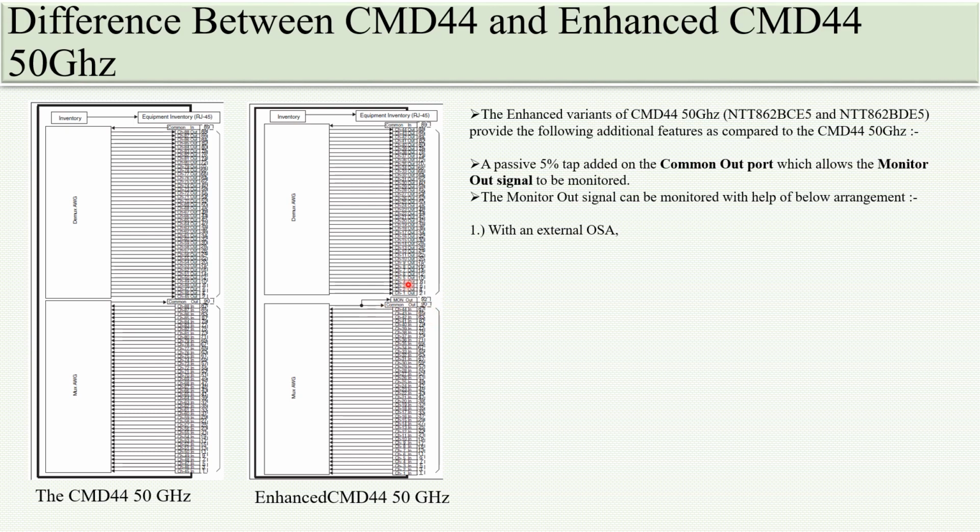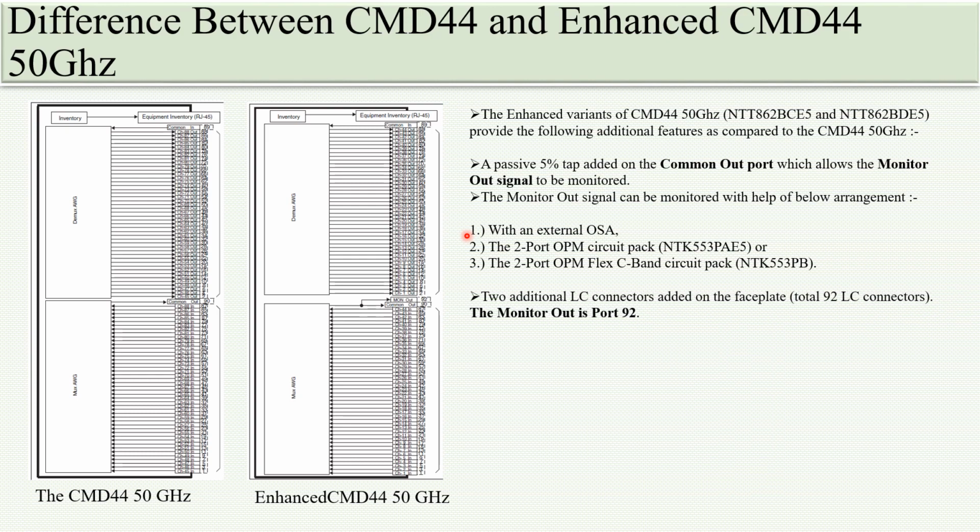So you can connect an OSA to port number 92 and see the monitor out signal. Second, a two-port OPM circuit pack: you can connect a two-port OPM circuit pack, or the two-port OPM Flex event circuit pack, to monitor the optical power. These are the arrangements with which you can monitor signals from port number 92.